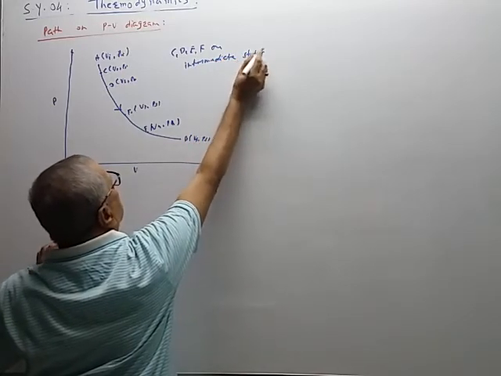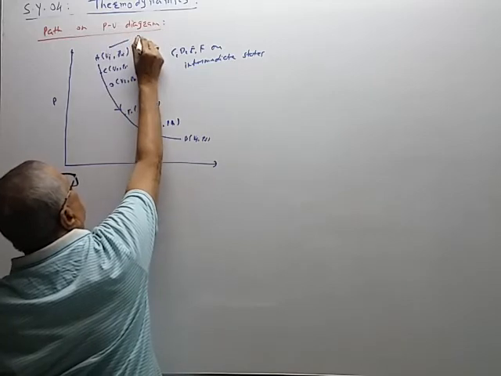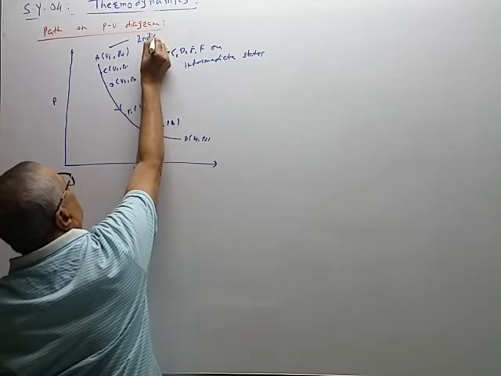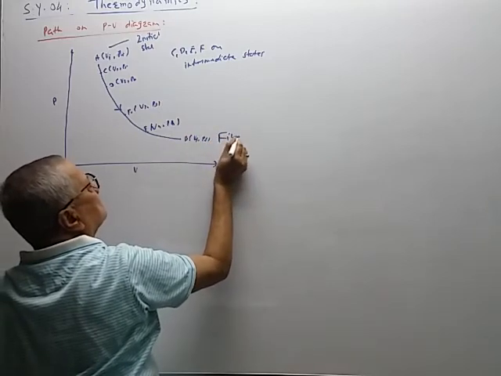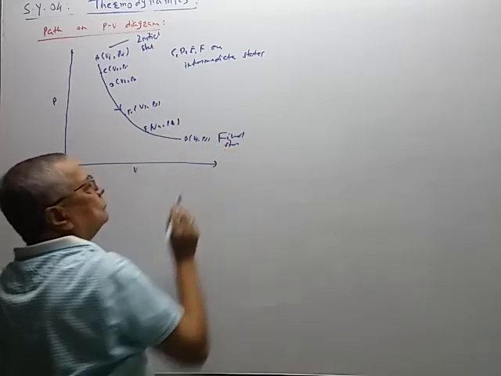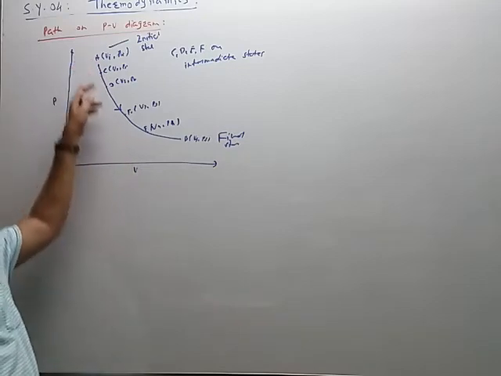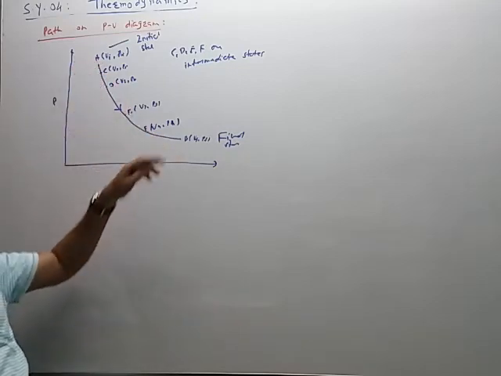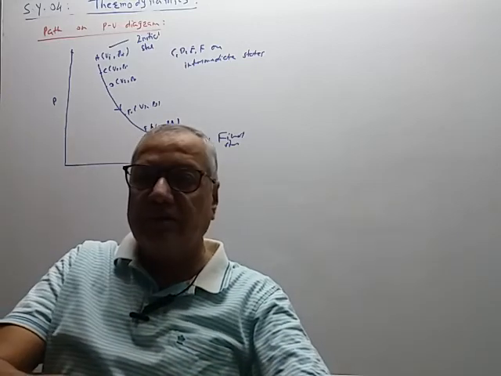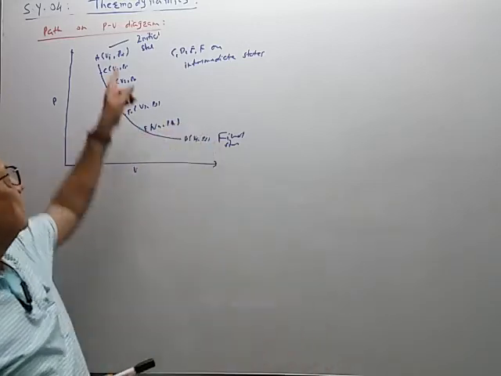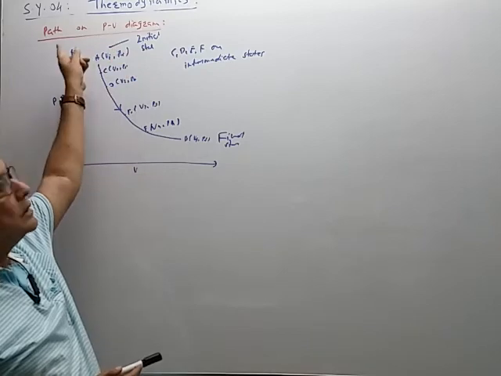Intermediate states. A is the initial state, B is the final state. So the system undergoes a series of intermediate states between initial and final states. When these intermediate states are plotted on the PV diagram, then it is called a path.